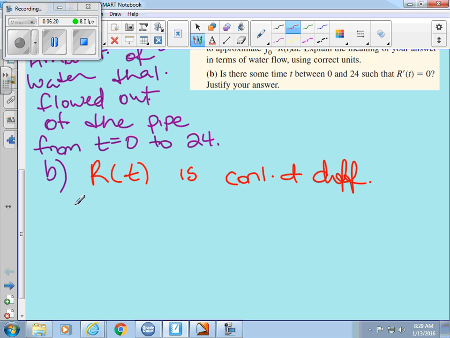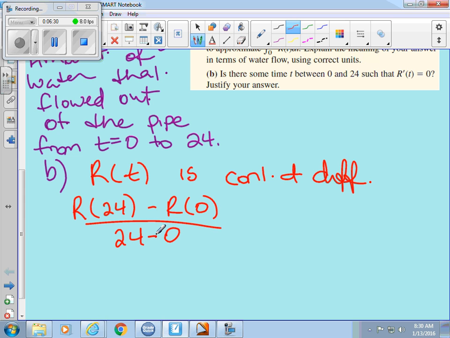And I'm going to say R of 24 minus R of 0 over 24 minus 0. What am I writing down almost word for word except with numbers plugged in? The mean value theorem. You see why I made you memorize it. You need to know it. It is 0. You could show the work. You could do 9.6 minus 9.6, but they know that you know how to do computation.